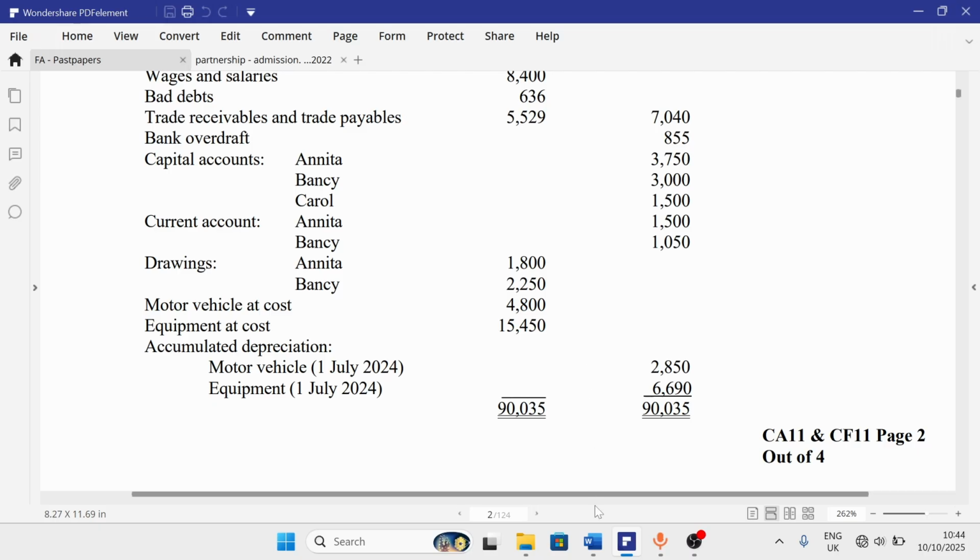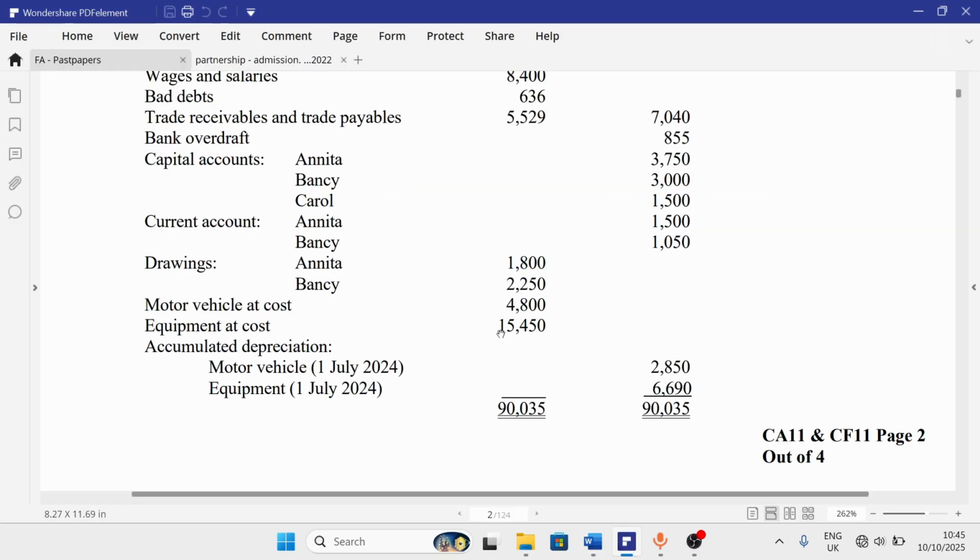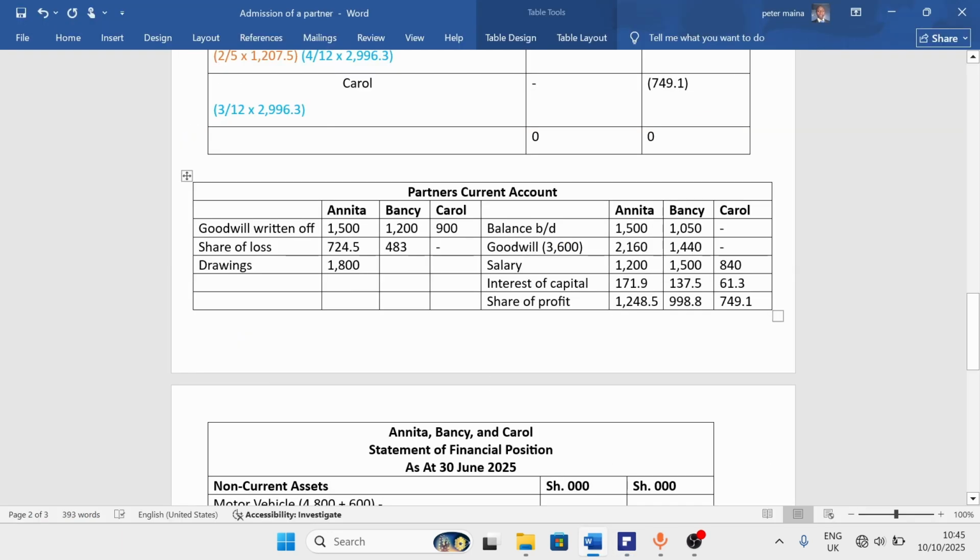So let us record those. We debit the current account. If we had interest on drawings, we would have recorded it on the same side as drawings. So I think that is everything.